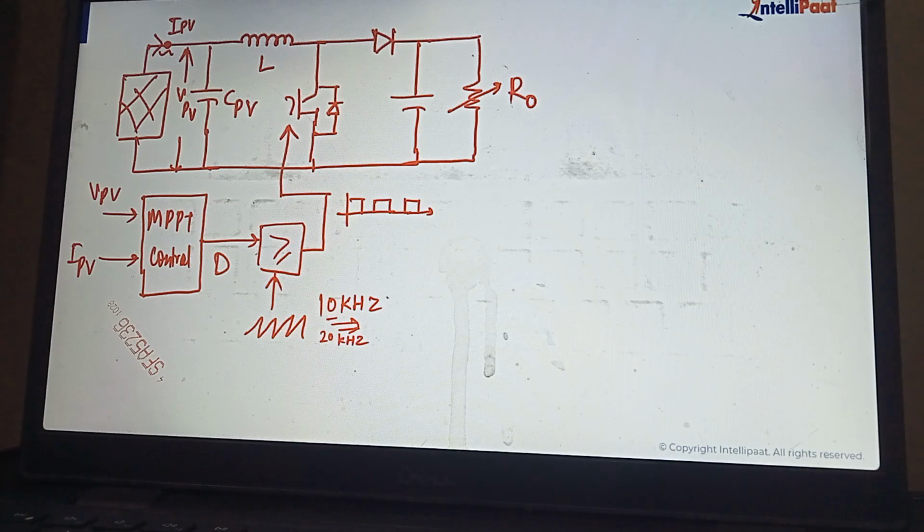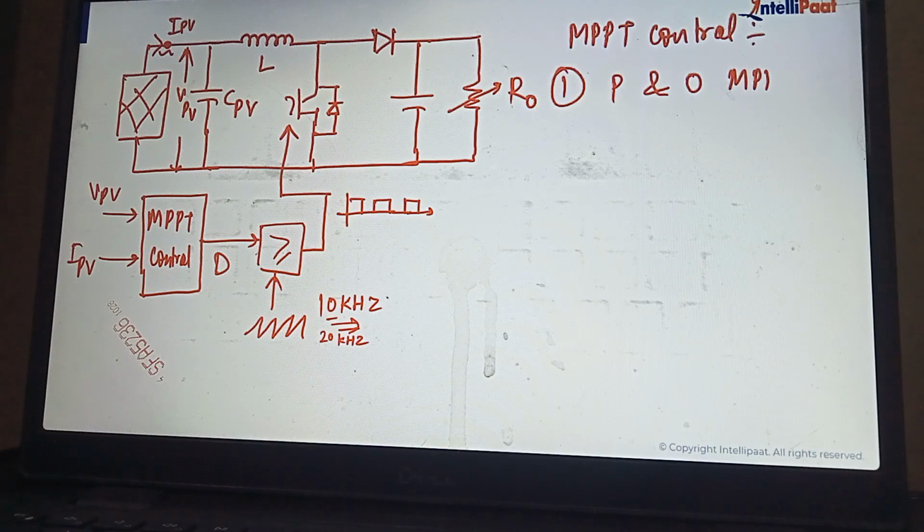Now, for this MPPT control, there are various types of controllers. You can ask, sir, what is MPPT control? In MPPT control, we have the observer-based P and O control, the P and O MPPT control.